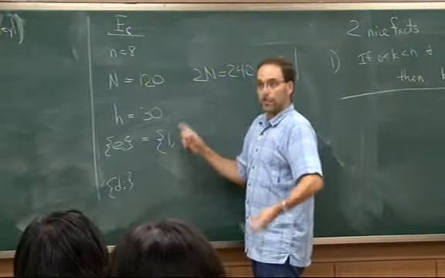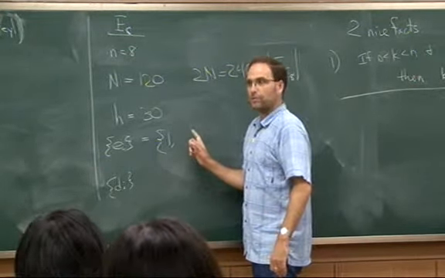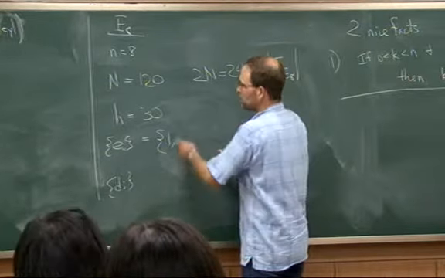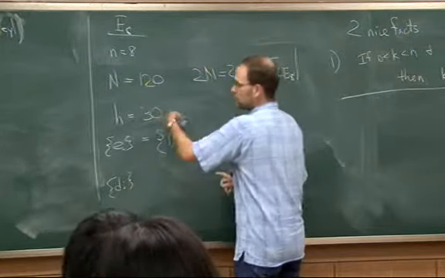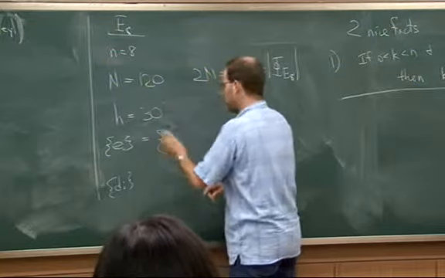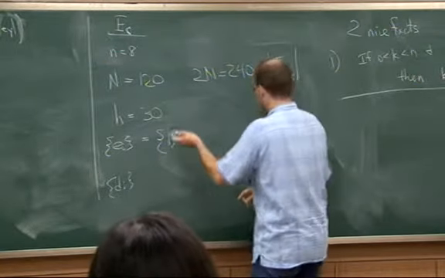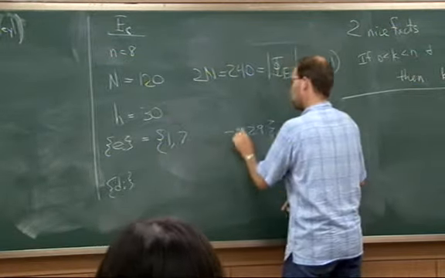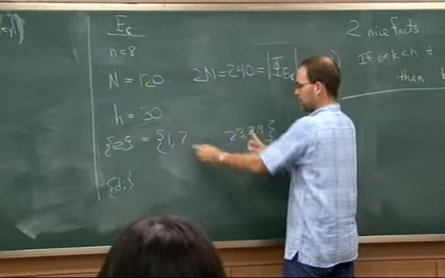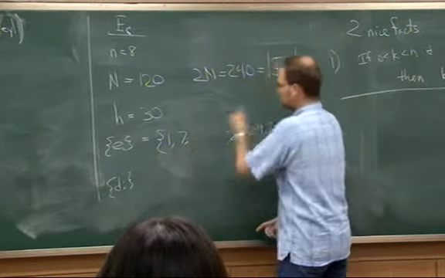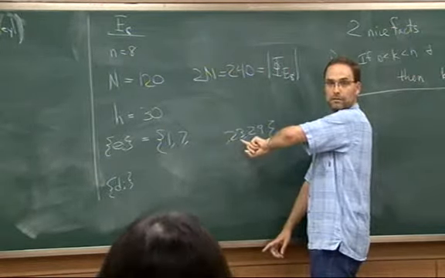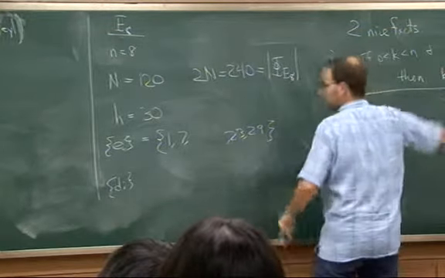Right? So let's see. So what other numbers are relatively prime to 30? You might start with some primes, right? Primes are a good source. So you want to avoid the primes that are in there. So you don't look at 2, you don't look at 3, you don't look at 5. 7? Sure, 7 works. And actually, 23 works, because if 7 works, then 30 minus 7 should work, right, for GCD.